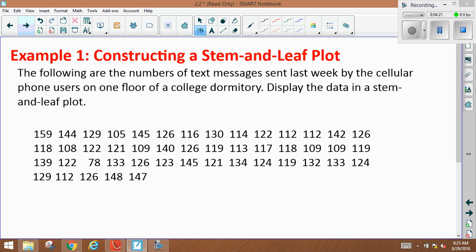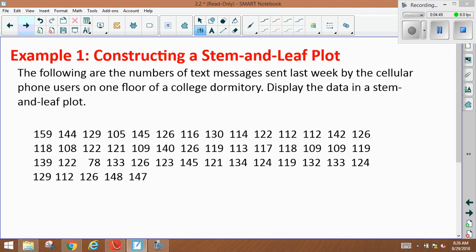Like 100 on the left, or just 1 on the left? So the rule is, okay, your leaves can only be one digit, right? So would it make sense to put just a 1 on your stem for a 144? It wouldn't make sense, because then you would have 2 leaves, right?